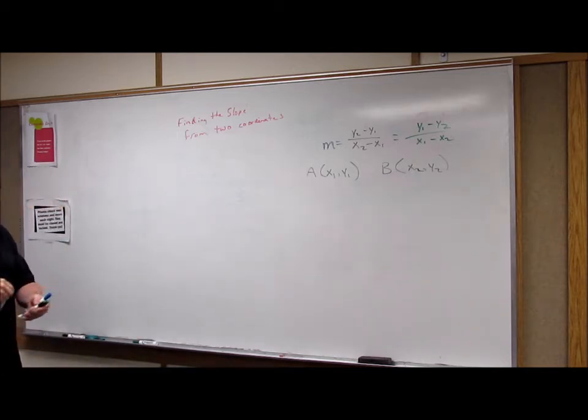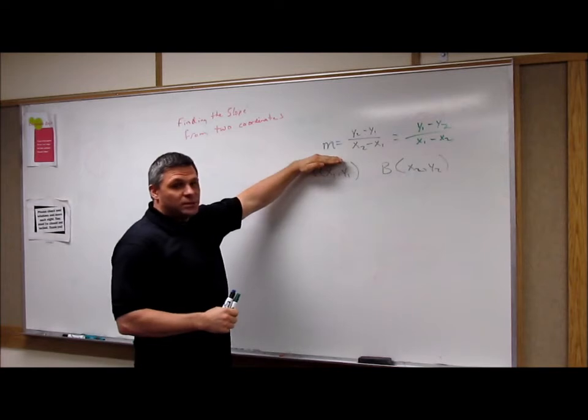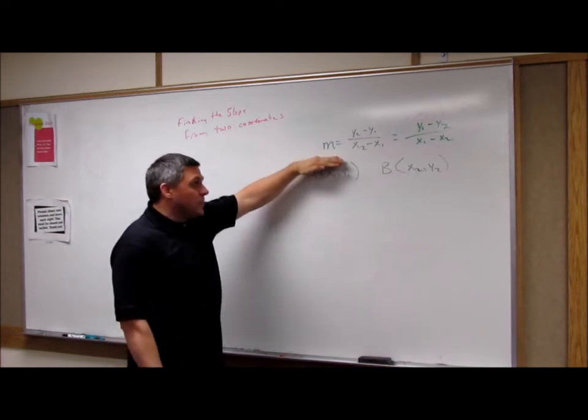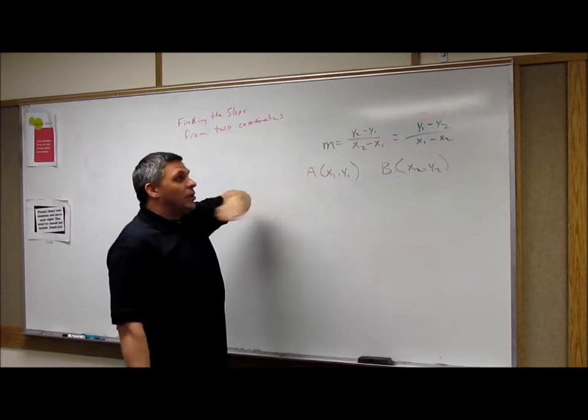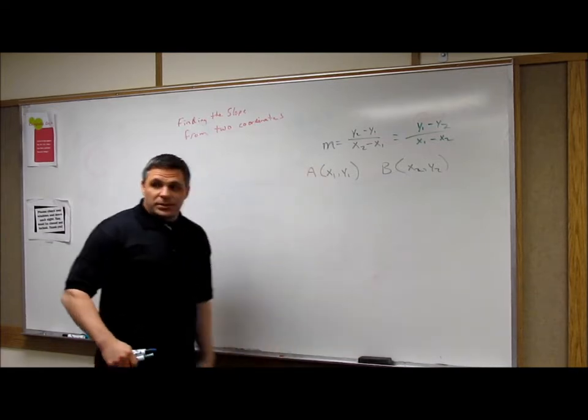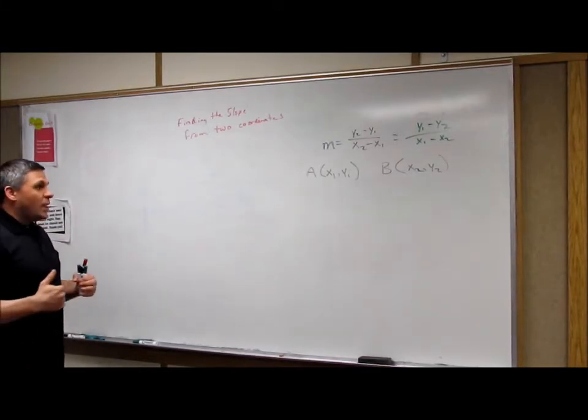What's the name of the equation? This is just the equation for a slope. The equation for a slope is m equals y sub 2 minus y sub 1 over x sub 2 minus x sub 1. So, here's how the flip it and smack it goes, okay?